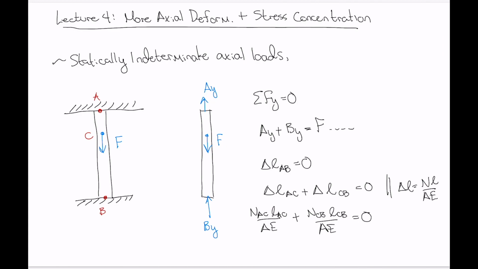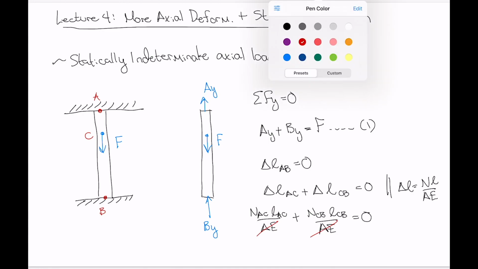Okay, so we've got one equation of statics up here, and then we can see in the second equation that we're developing that we can cut out the denominator by multiplying both sides of the equation by AE. And then we can make substitutions for N_AC and N_CB in terms of AY and BY.